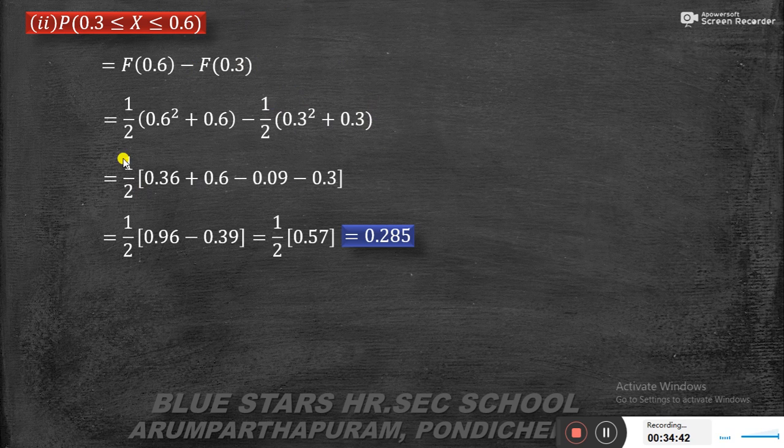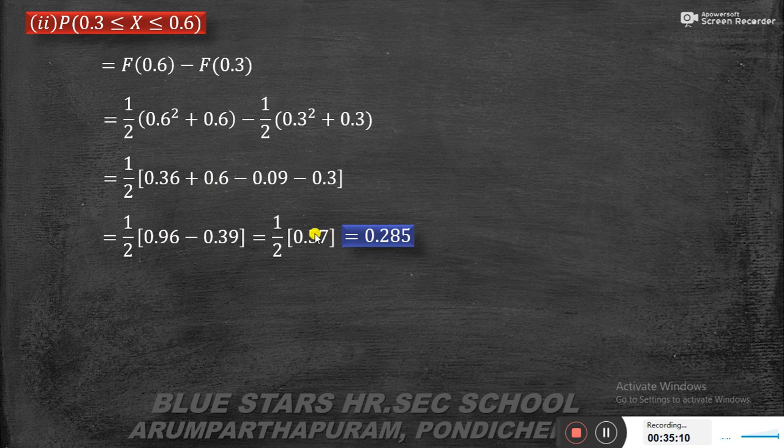Taking 1 by 2 common outside, 1 by 2 into 0.6 whole square, which is 0.36, plus 0.6, minus 0.3 whole square, which is 0.09, plus 0.3. Adding 0.36 plus 0.6 gives 0.96, minus 0.39, equals 1 by 2 into 0.57.